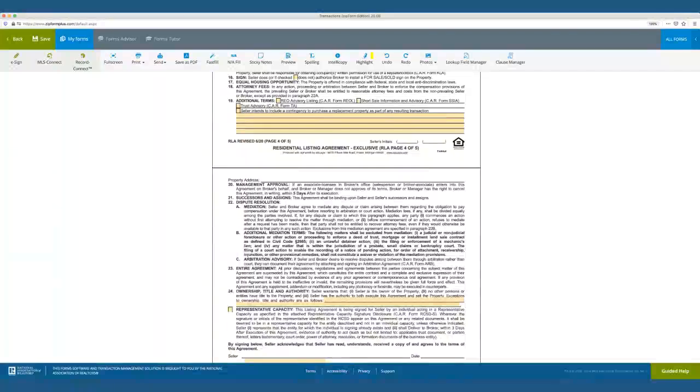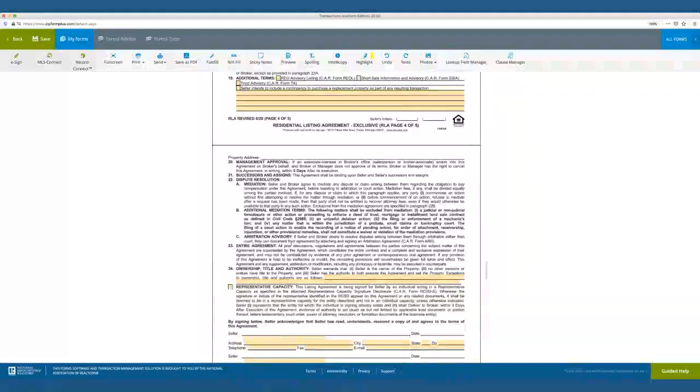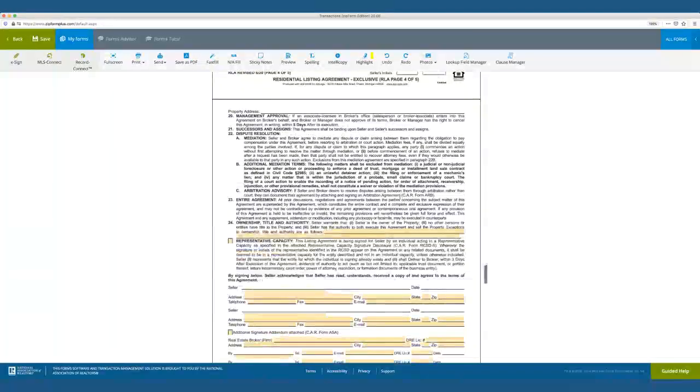So if there is a dispute from this agreement, we agreed to mediate first. It used to be that arbitration was a part of this agreement, but that has been taken out. If we want to add it, you would have to add Form ARB. So this is the entire agreement.